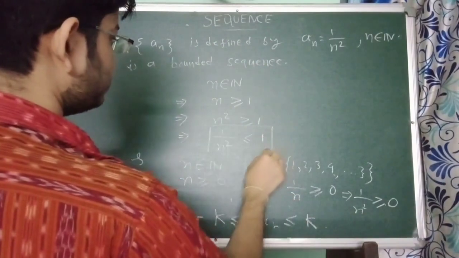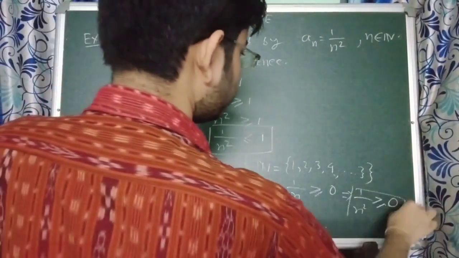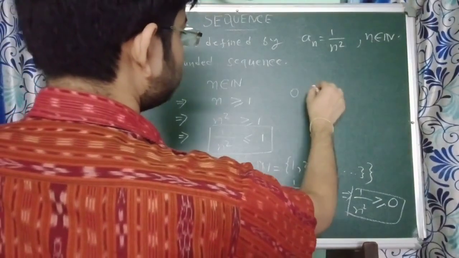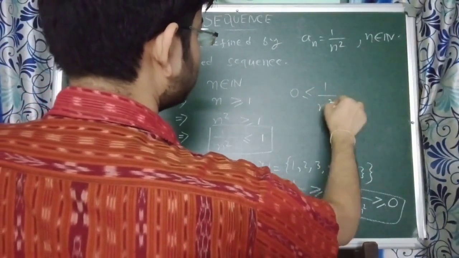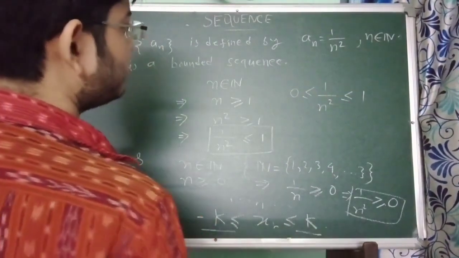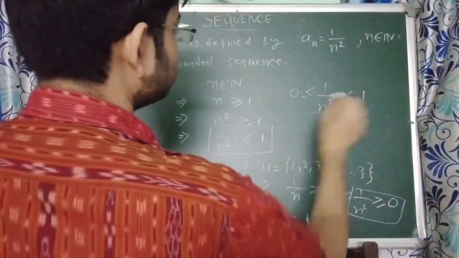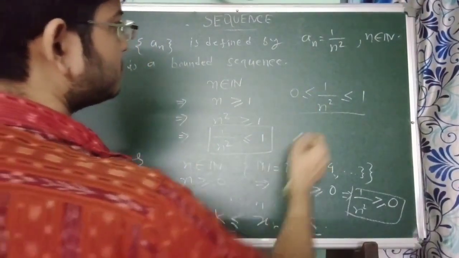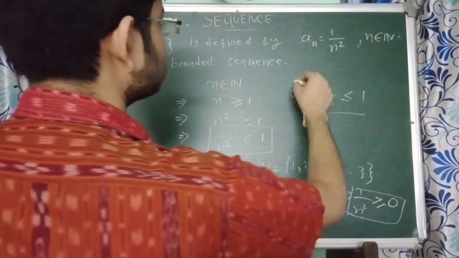So if you combine this inequality and this inequality, then we have 0 less than or equal to 1 by n square less than or equal to 1. So this kind of inequality holds in this case. So 0 is the lower bound and 1 is the upper bound.